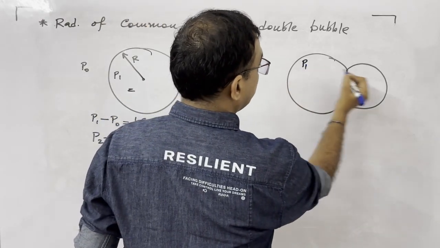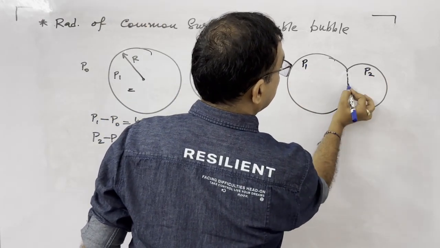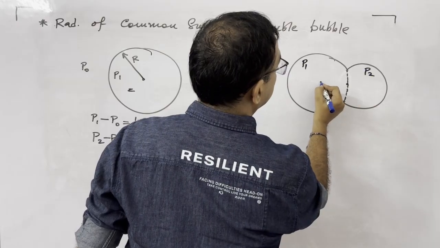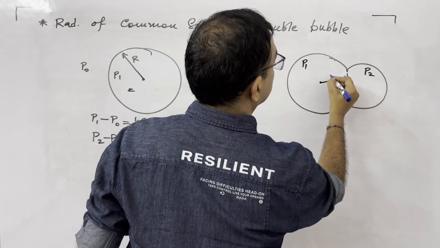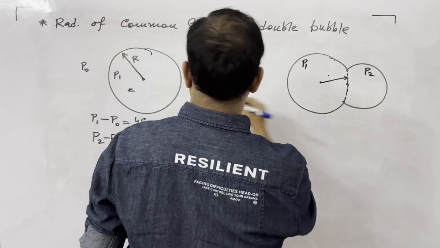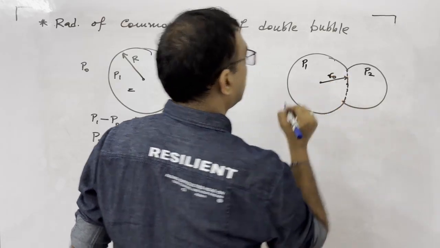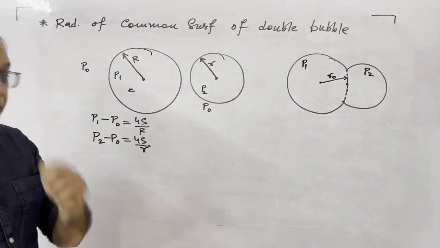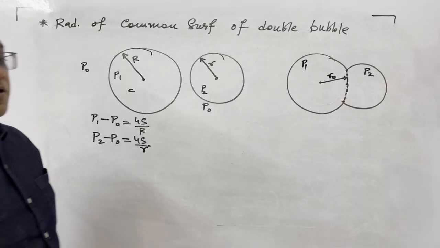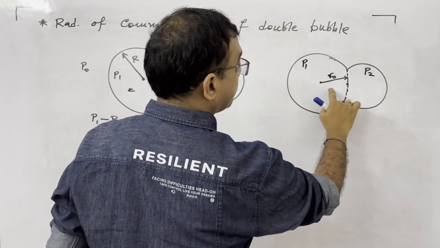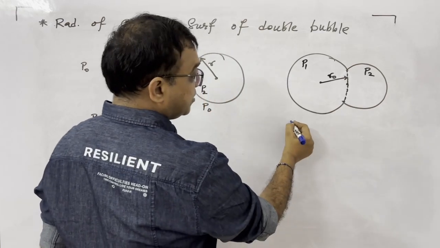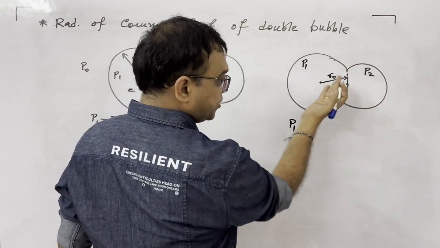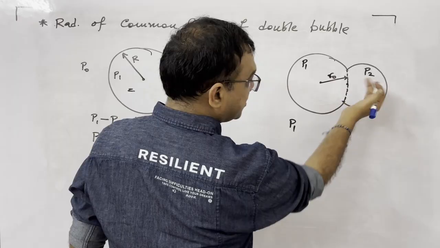So here pressure P1, pressure P2, and this radius of curvature is becoming, say, R0. Then, how to write the pressure difference? Concave side I am assuming this side, convex side this side.